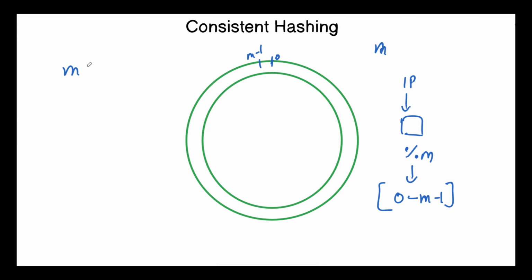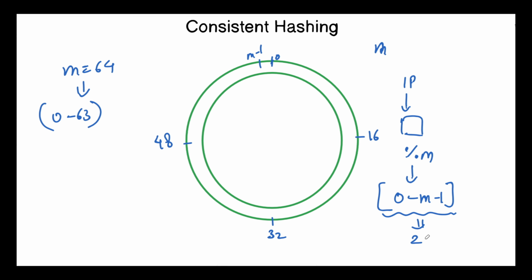Let's say we take m equal to 64. So our range would be 0 to 63. So here would be approximately 16, here would be 32, here would be 48. And let's say after the operation, we get a value of 28. So we put our cache server at point number 28. So let's say 28 lies here.